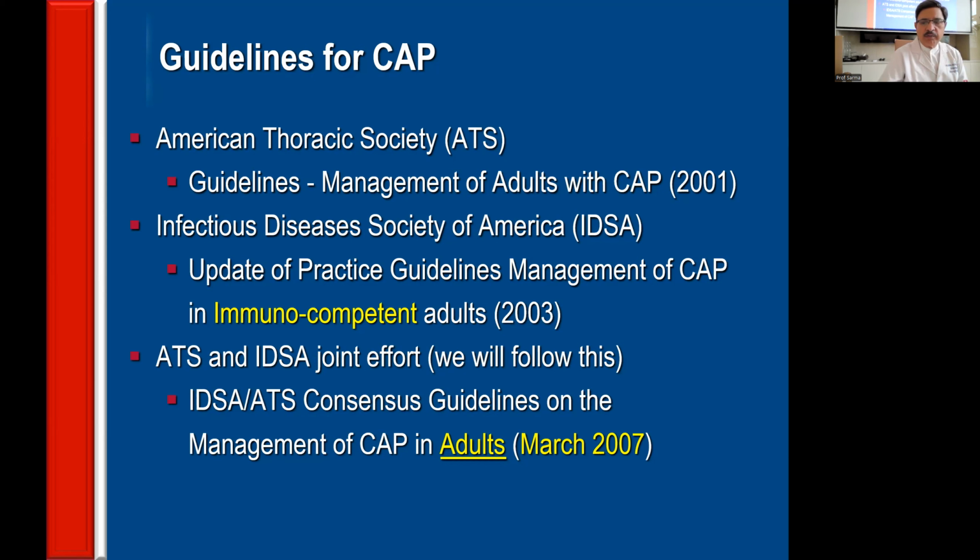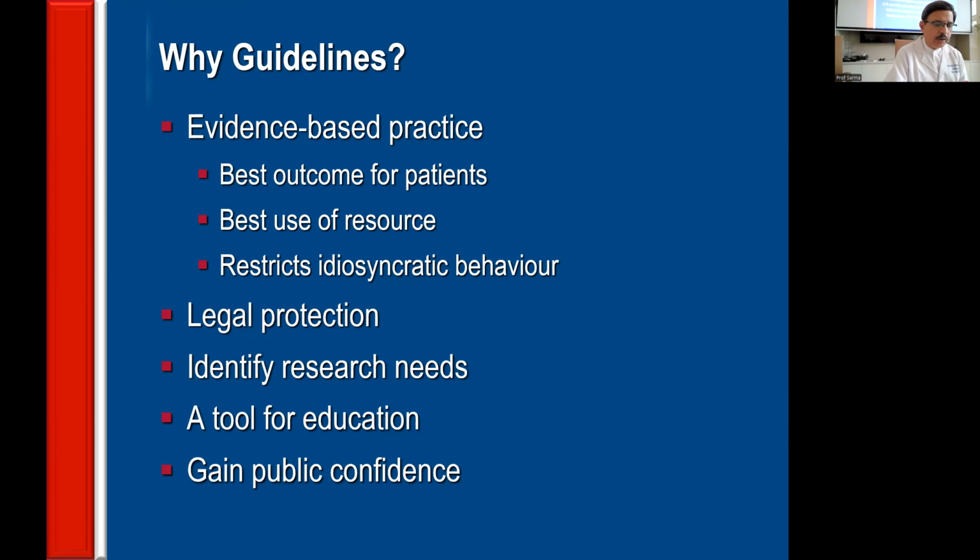Not only that, when you follow standard guidelines, you have protection from the legalities. Otherwise, if you treat on your own without following the guidelines, you are bound to be questioned on what basis did you do this. Then you have to have some textbook evidence or something, but it is better to always have the guidelines.